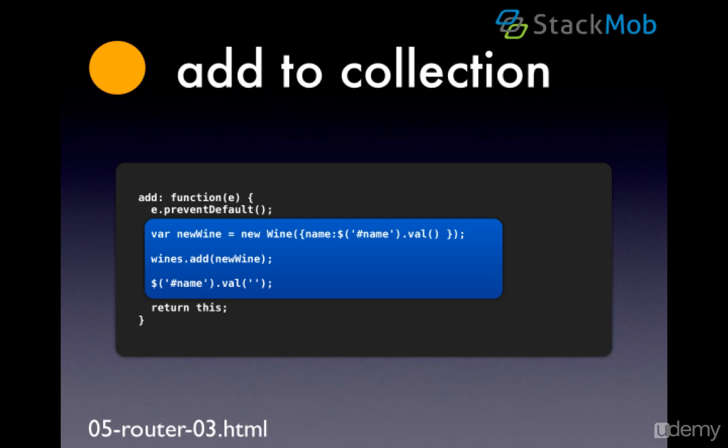Inside of our add method, we're creating a new variable called new wine, and we are passing in the name that comes out of that input field. Then we call wines.add, and we pass in our new wine, and then I'm setting my name input field value to blank, so I'm clearing out my input field.